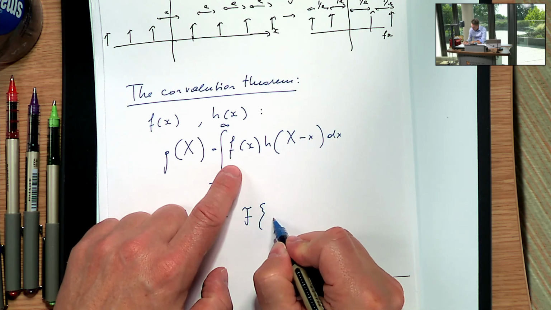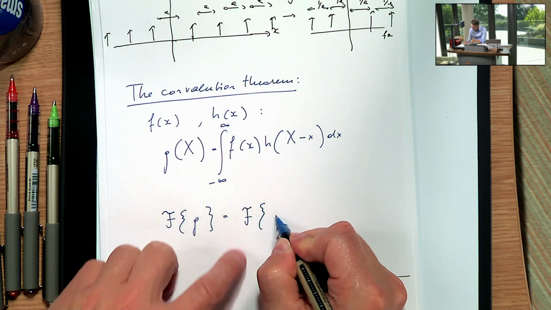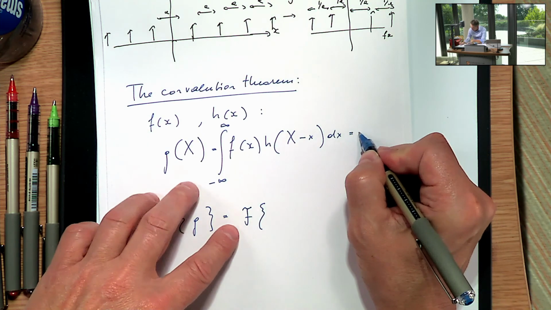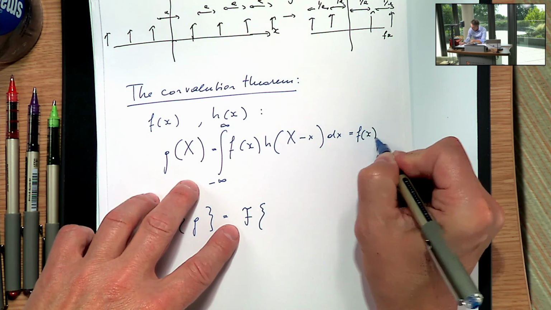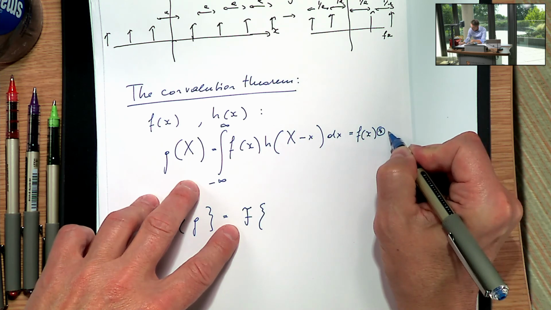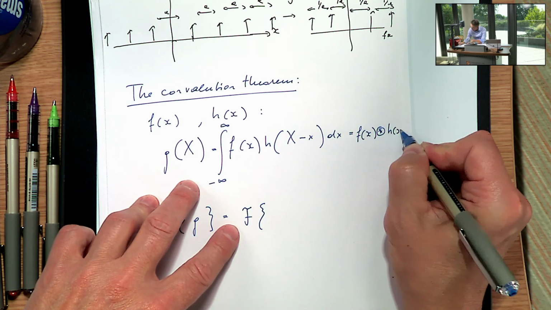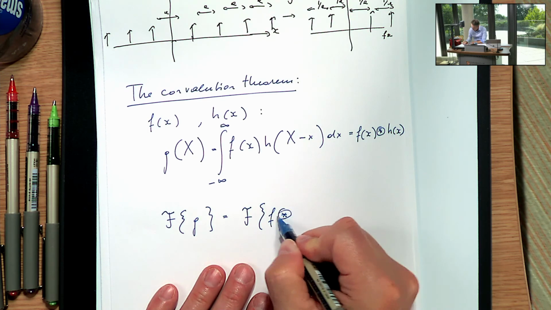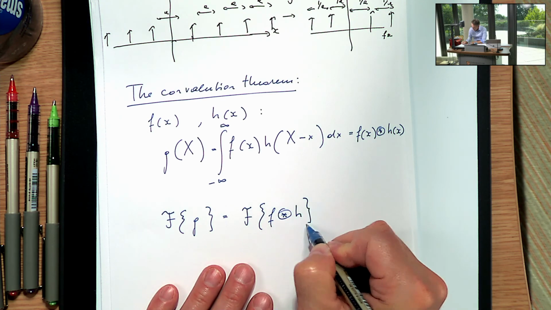We often write the convolution as f of x, then the convolution operator, times h of x. So it's f convolved with h.